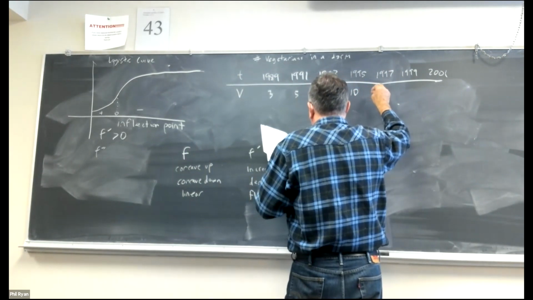What can you tell me about V prime? It's positive, and why is that? It's increasing. Exactly the same kind of thing that you observed with the graph. V prime is positive.